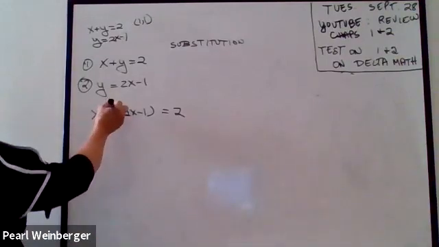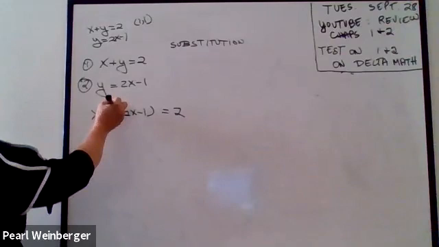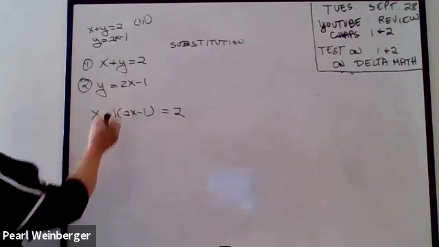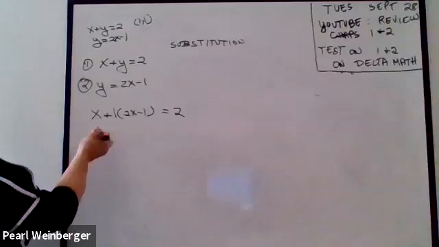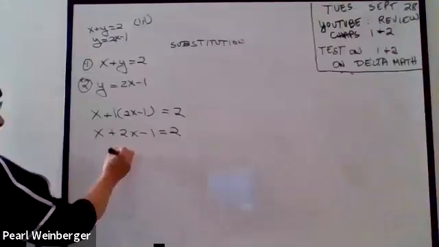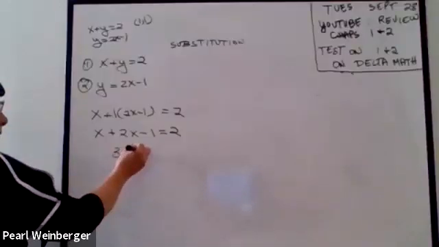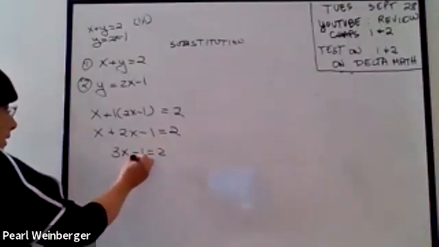Remember, if I put parentheses here, so I have 1 in front of the parentheses, and when I remove the parentheses, I get x plus 2x minus 1. Combining the like terms x and 2x gives me 3x minus 1 equals 2.